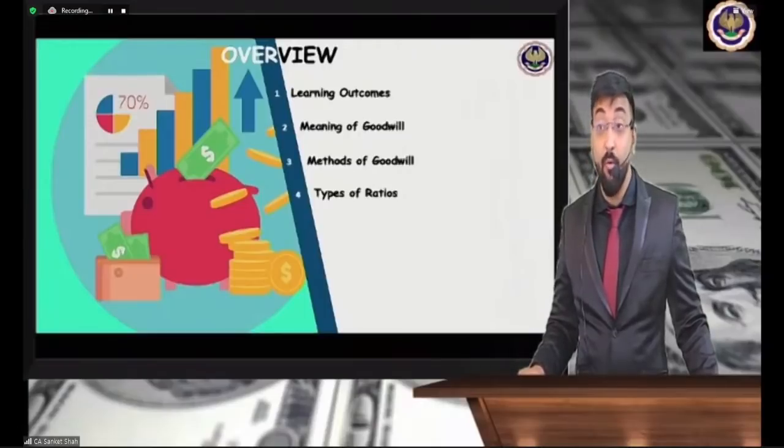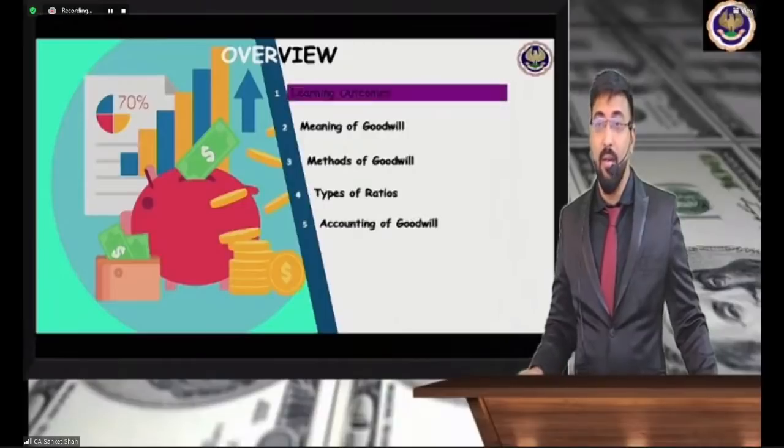Now here, very important, types of ratios and accounting for Goodwill.